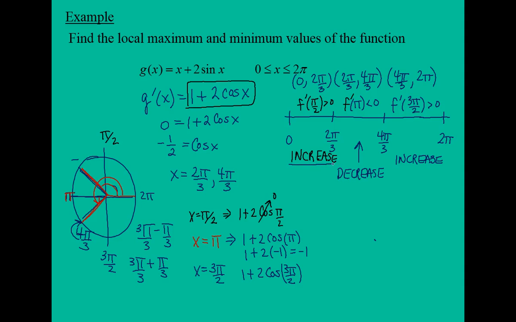So on this interval from 0 to 2 pi by 3, it's increasing, and then it changes to decreasing, so we would have a local maximum. Now the next value, we are decreasing from 2 pi by 3 to 4 pi by 3, but then we change to increasing, so we would have a local minimum.